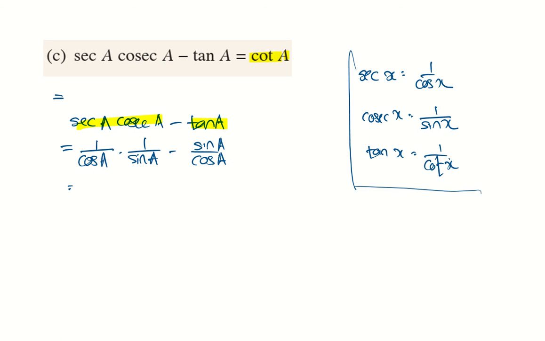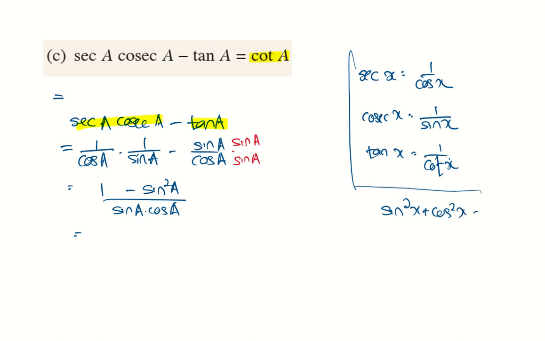Let's combine the two terms to become one term by multiplying sine A sine A. Then we'll get 1 minus sine square over sine A cos A. Alright, so sine square x plus cos square x equals to 1.